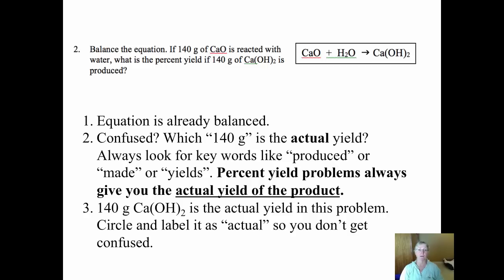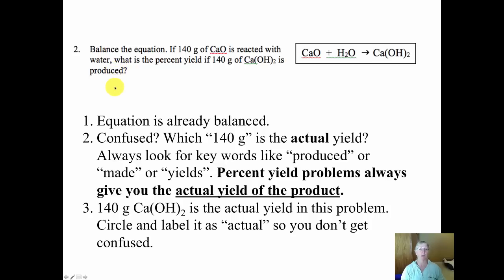So the hint to find the actual yield is look for keywords like produced or yields or is made. And percent yield problems always give you the actual yield, because here it is, 140 grams is produced.